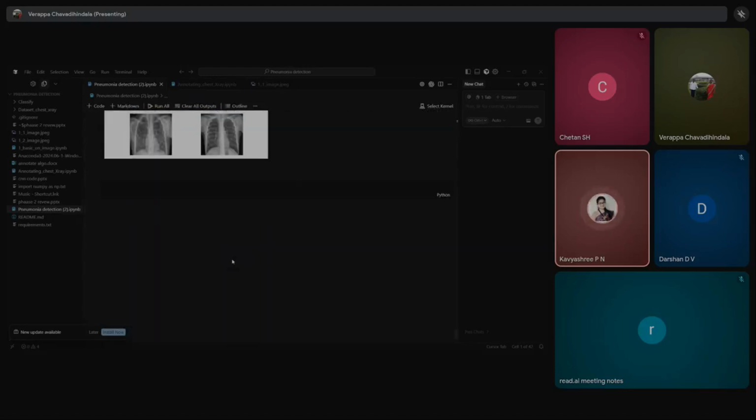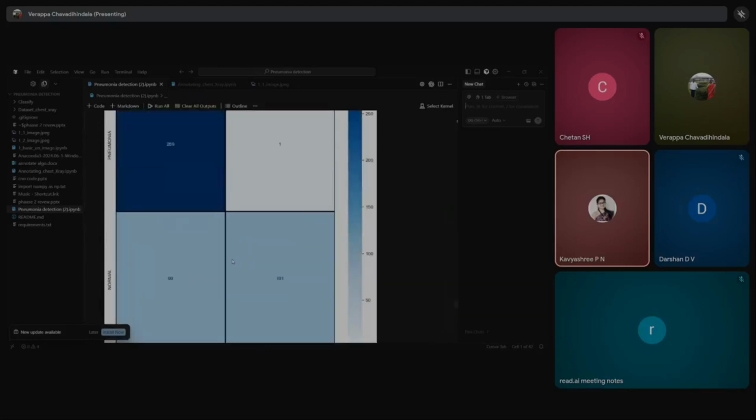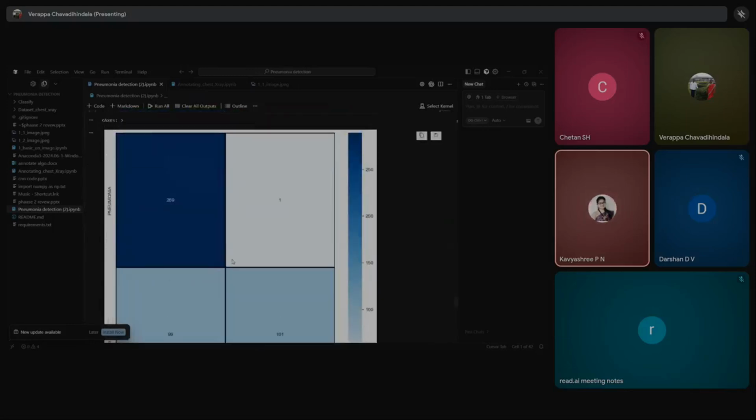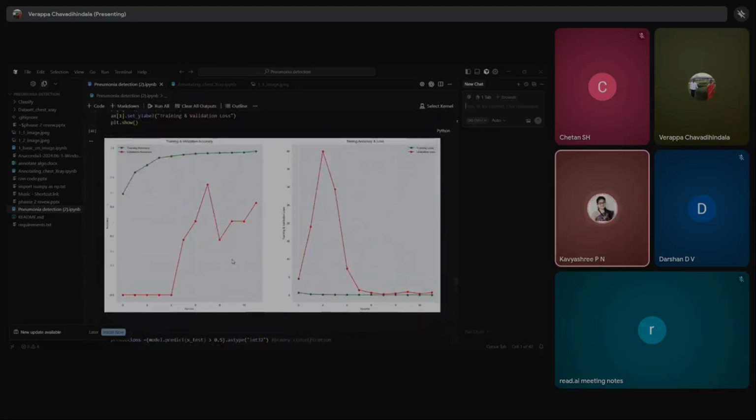Where exactly is it showing? Where is the F1 score, precision, accuracy? Here it is only showing training accuracy and validation accuracy. Both are in different directions, no? I'm not getting your question, ma'am.